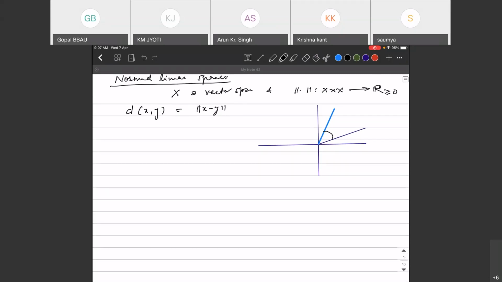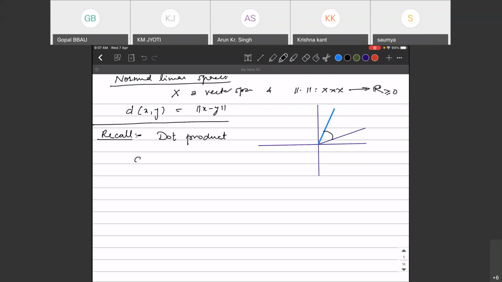So what we do, let's recall first. Recall the usual dot product, well-known dot product. You all have seen this dot product or scalar product. We will not say scalar product, we will say dot product.